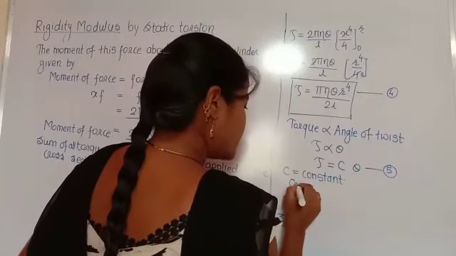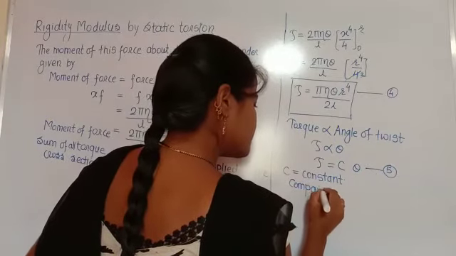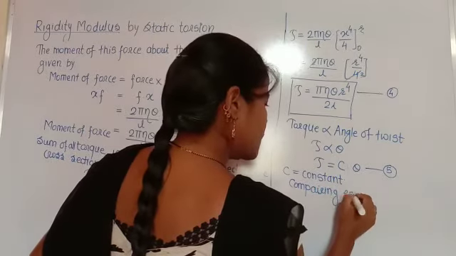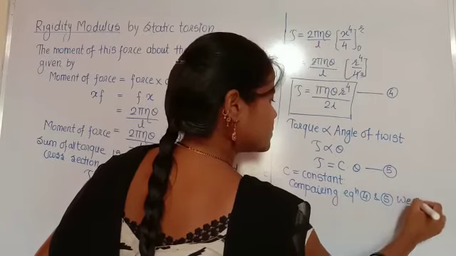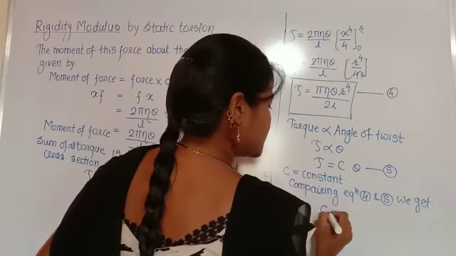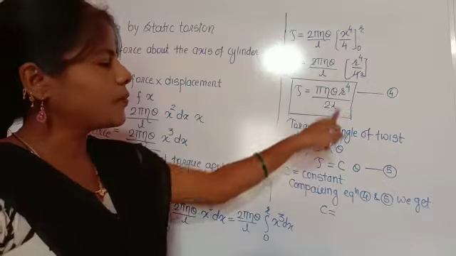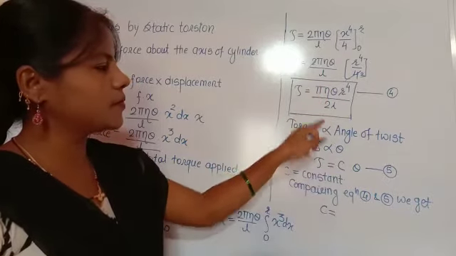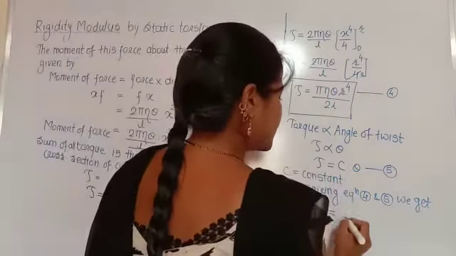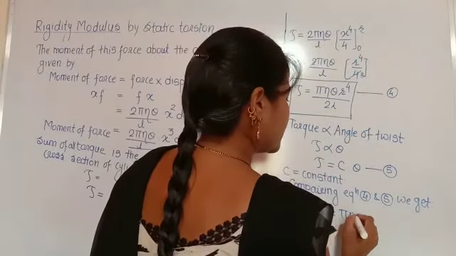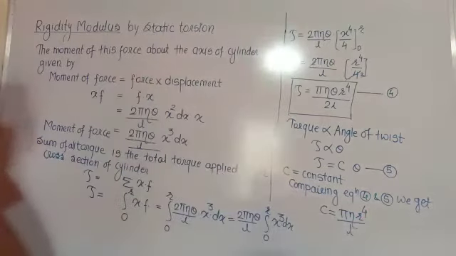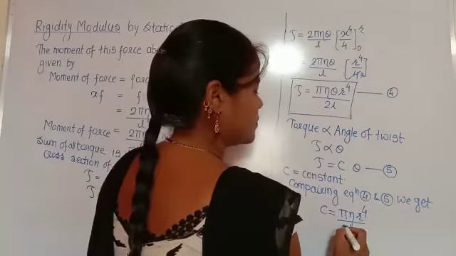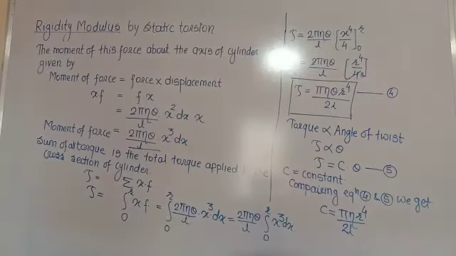Comparing equations 4 and 5, we get C is equal to, this is theta and this is also theta, but there is an extra term, that is the C. So C is equal to pi eta r to the power 4 divided by twice L.